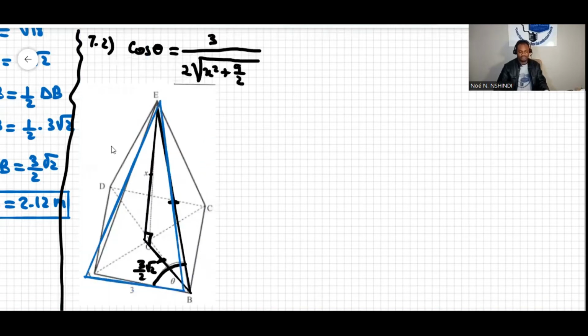Something like that, approximately, in this triangle in blue here. So I don't know the side AE. I know the base here is 3 units, but we can find AB if we apply Pythagoras here. Then we can find the angle theta, because the angle theta is in the triangle in blue.